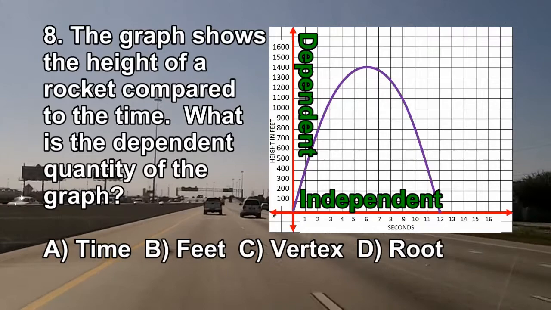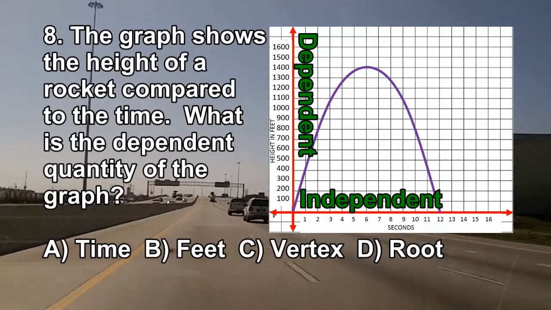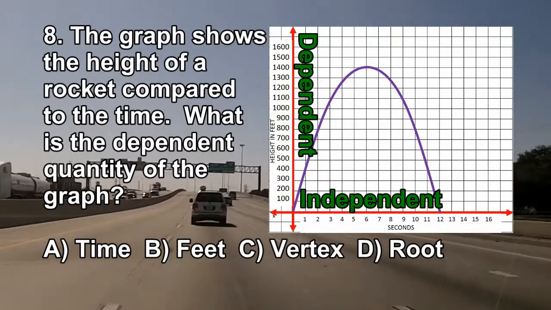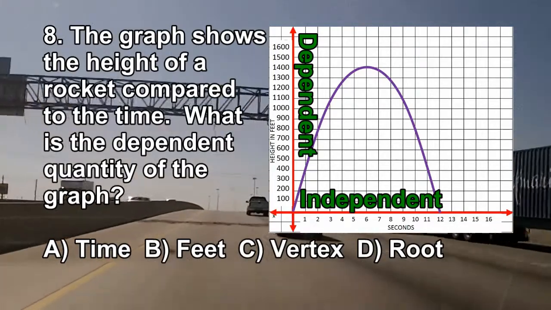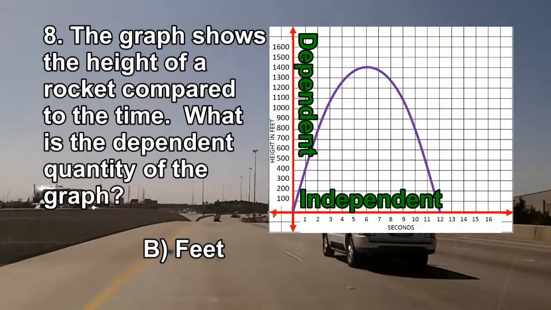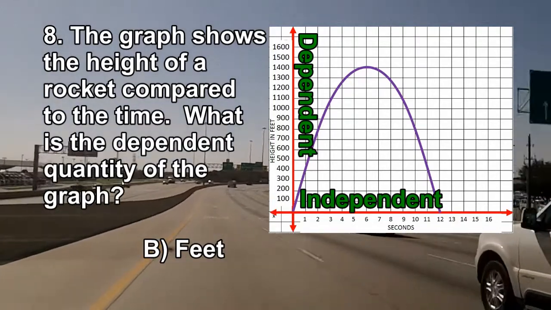In this problem, the y-axis is the height, and the x-axis is the number of seconds. So you could say that the height depends on the seconds. So the dependent quantity would be the height in feet, which is represented by B. So B, feet, would be the dependent quantity of the graph.